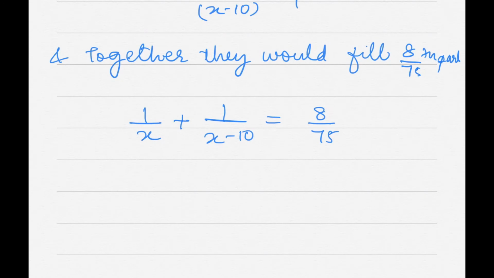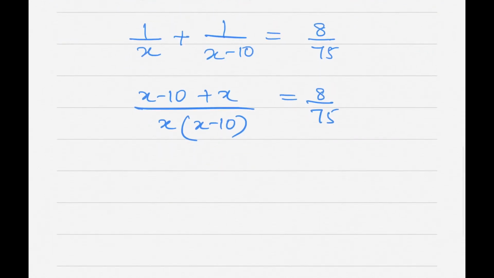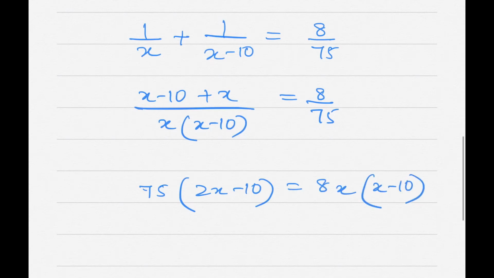Now I have made an equation and I can solve it. Taking the LCM, x into x minus 10, and in the numerator I'll have x minus 10 plus x is equal to 8/75. Now cross multiplying and solving, 75 into 2x minus 10 would give me 8x into x minus 10.